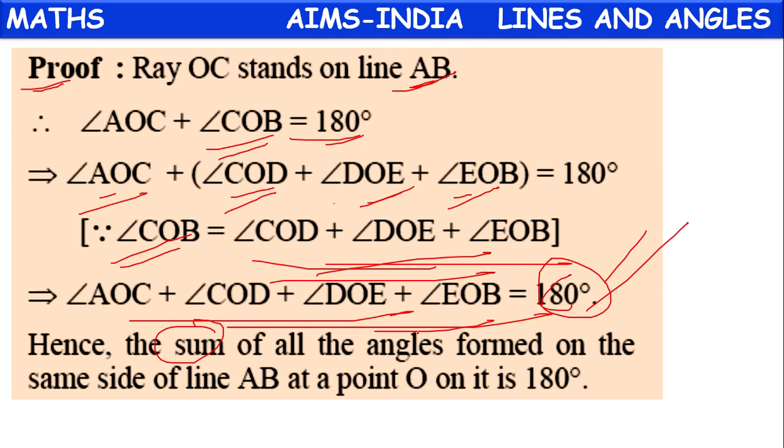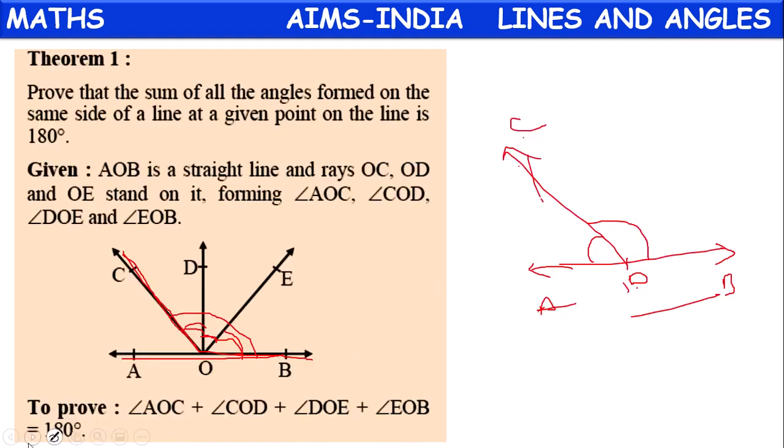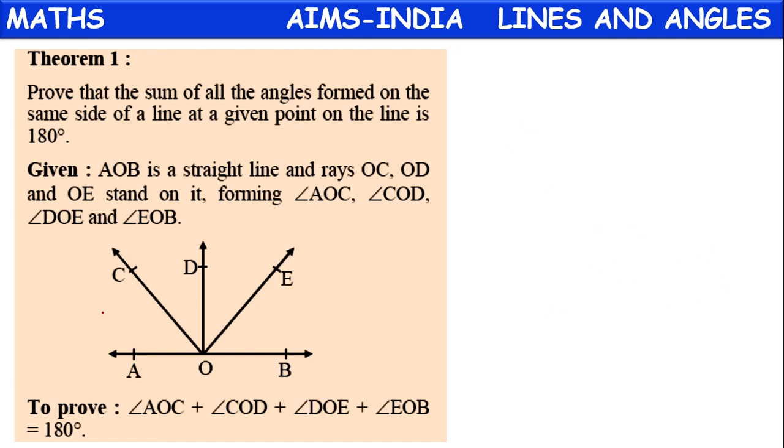So the sum of all the angles formed on the same side of line AB at point O on it is 180 degrees.